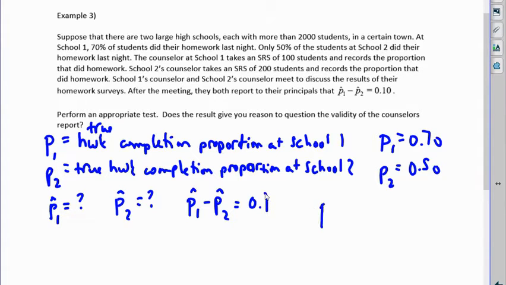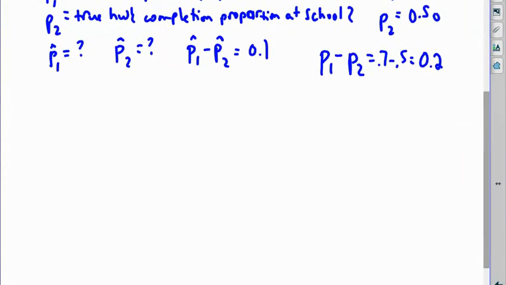But we see that the true value is believed to be 0.7 minus 0.5, so the true value is believed to be 0.2. And so we're going to look at an interval, and we're going to look at a test on the next page. So interval on this page, test on next page.